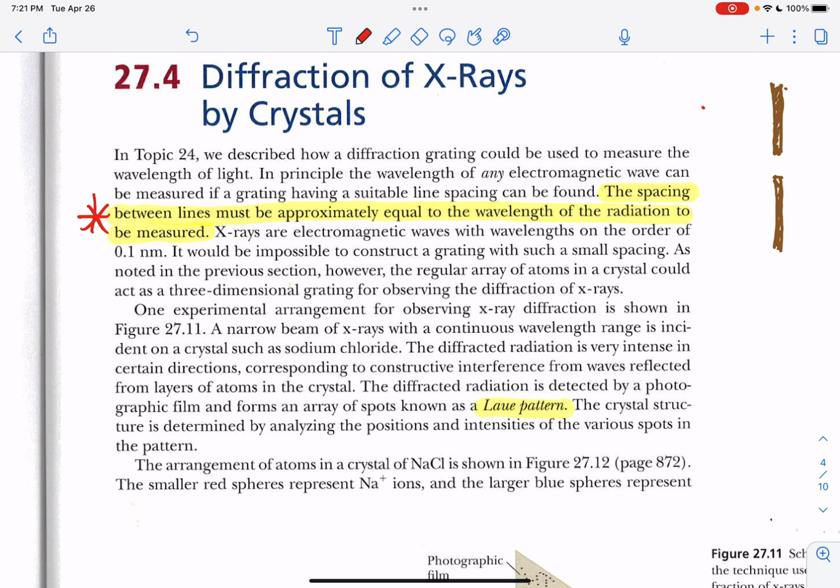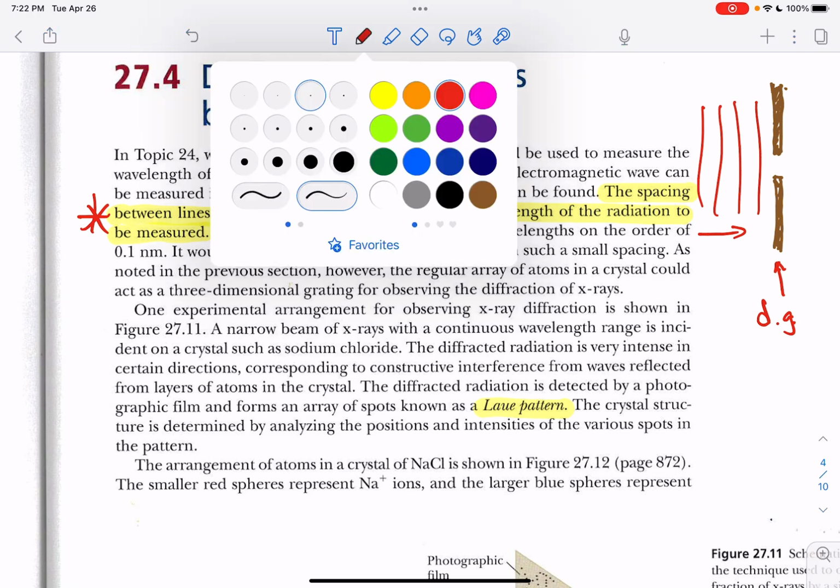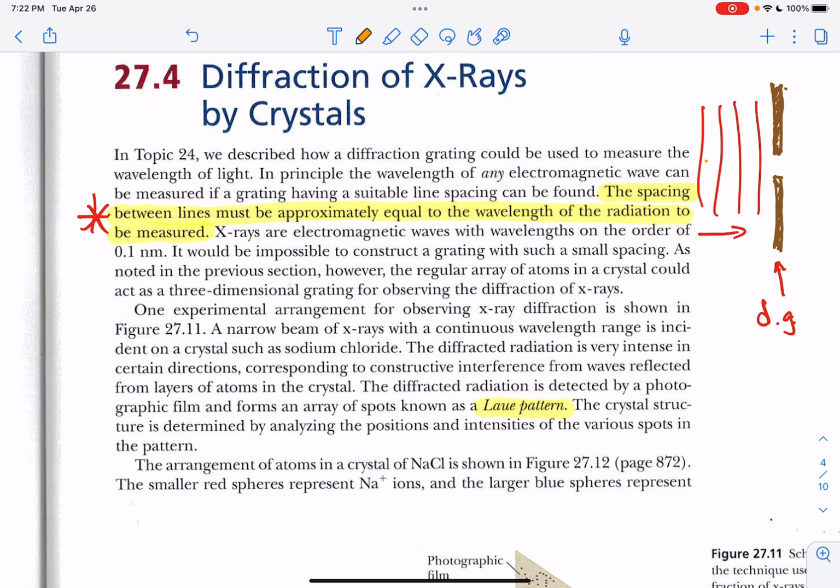So imagine that we have rays of light, thinking about light as being made out of waves, traveling in this direction, and this right here is my diffraction grating. Now, if this space, and I'm going to use a different color to show that space, if this space here between the waves is approximately the same or in the same ballpark as that space, then when the waves strike that opening, you will see them diffracted like this.